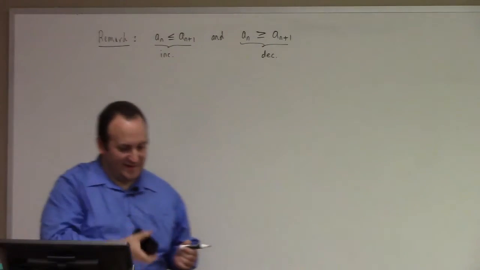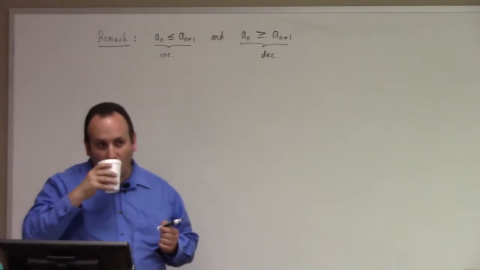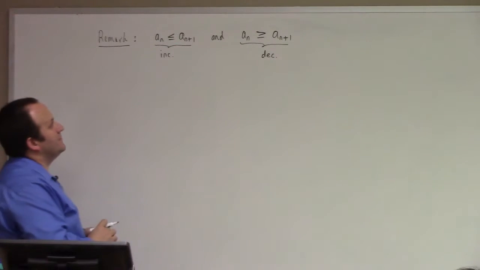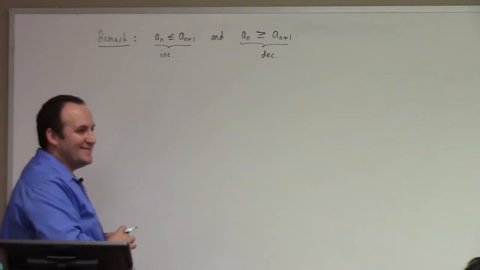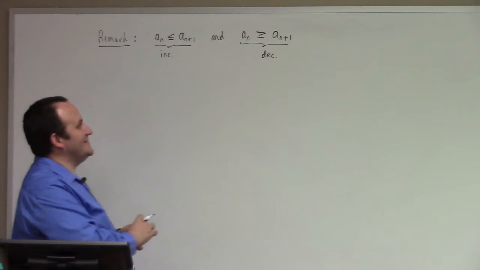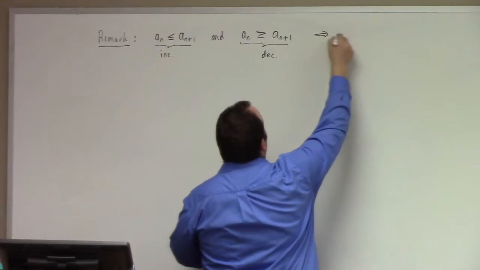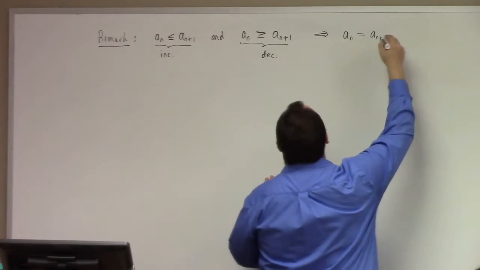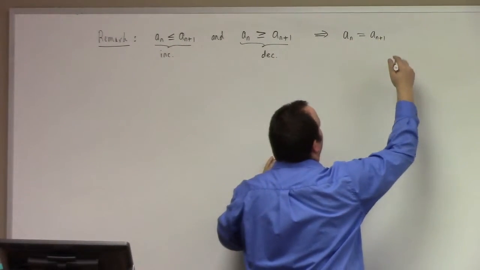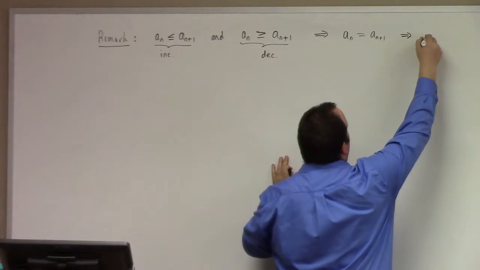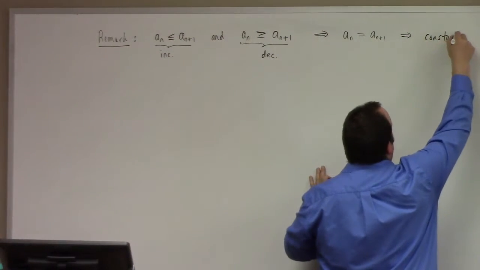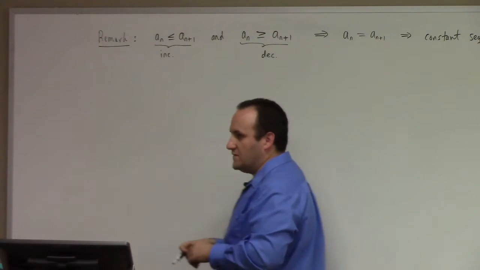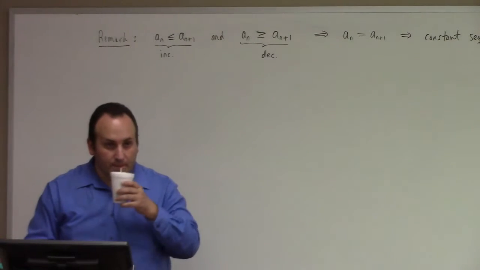If you have both at once, it's constant. This would imply that a_n is equal to a_{n+1} for all n, which says that it's a constant sequence. So constant sequences are both increasing and decreasing.